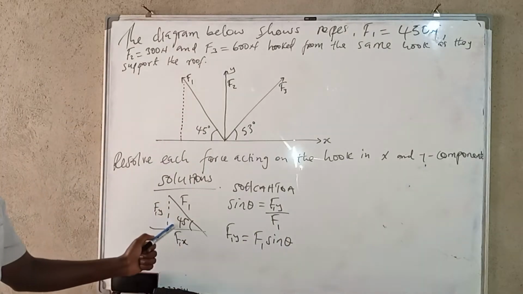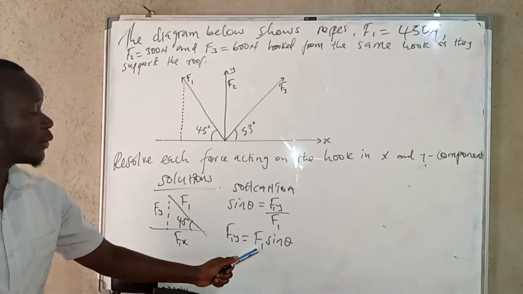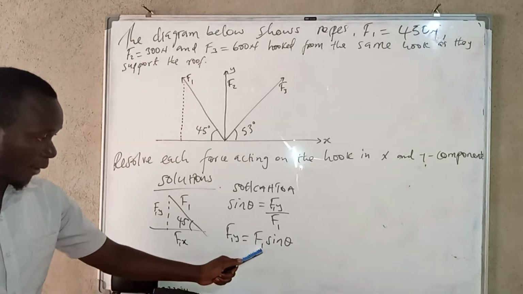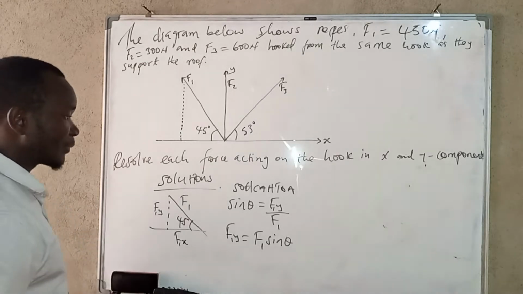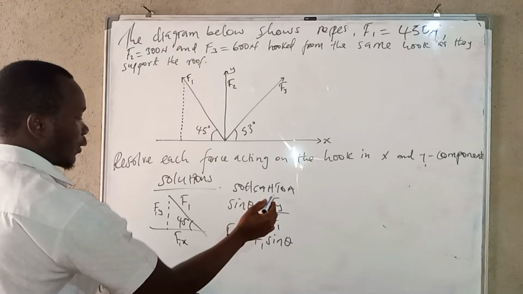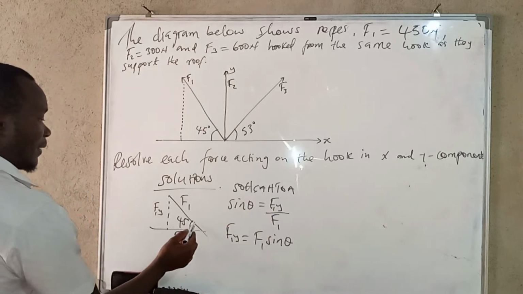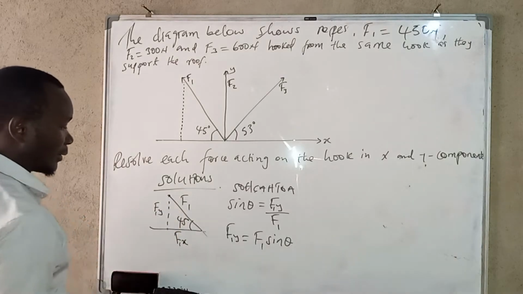So from this theta we have 45 degrees. If we plug in the value of F1, we find the y component. Then we know that cos is equal to adjacent over hypotenuse. So we have adjacent, which is this one, over this one.